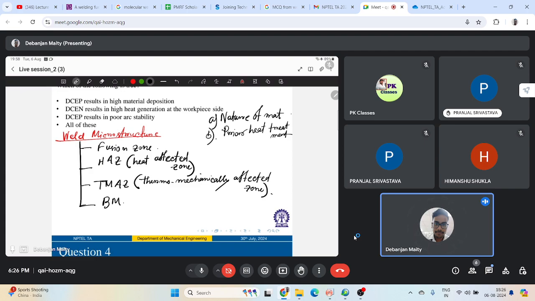And what else can affect your weld microstructure? If you are doing any deformation based process, we'll call it prior cold working, right?